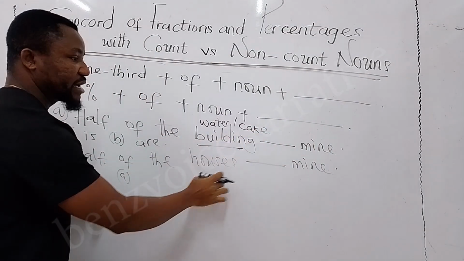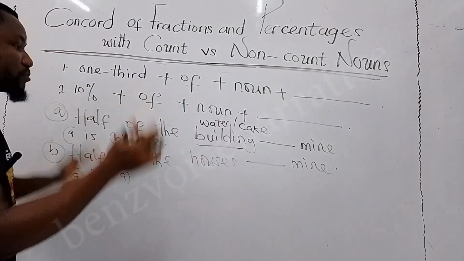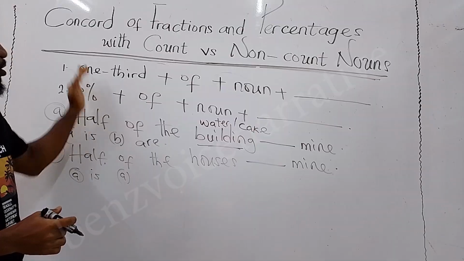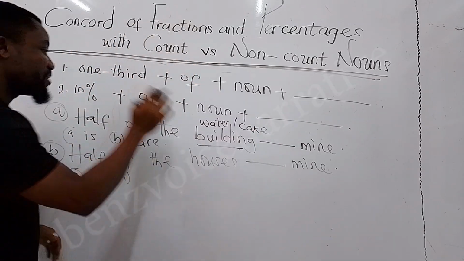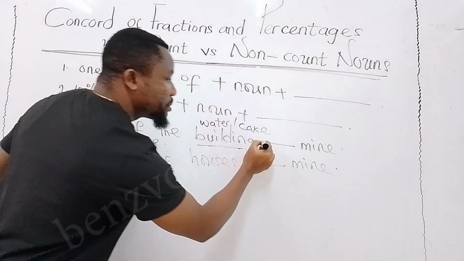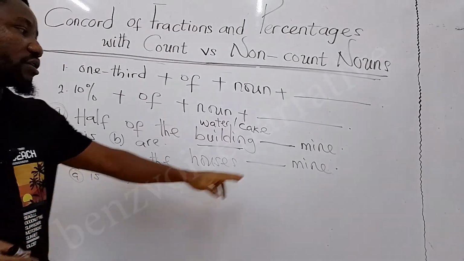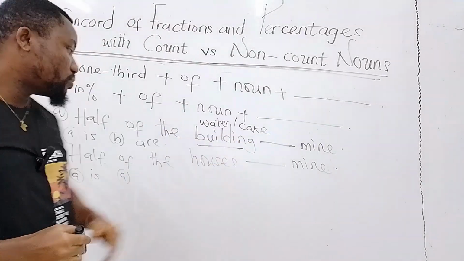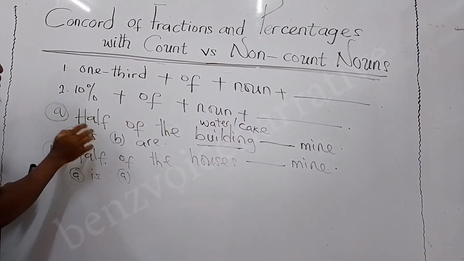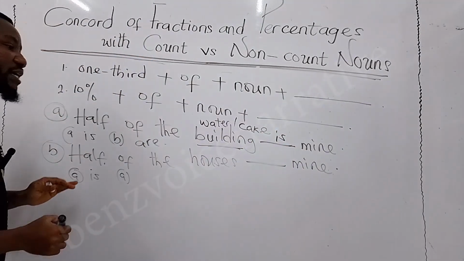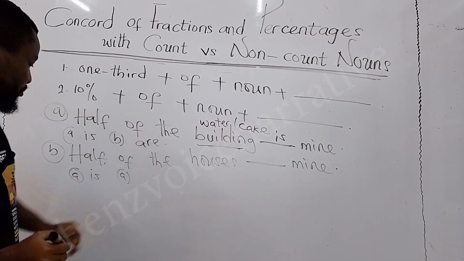When you have a non-count noun in the structure of concord of fractions and percentages, the verb here must always be a singular verb. So that's why the right option here is: half of the cake is mine.